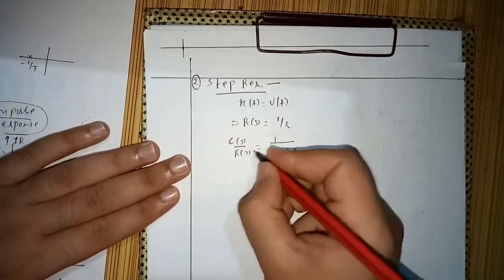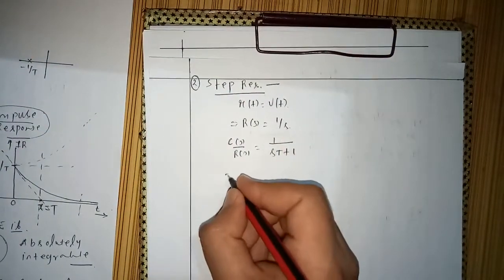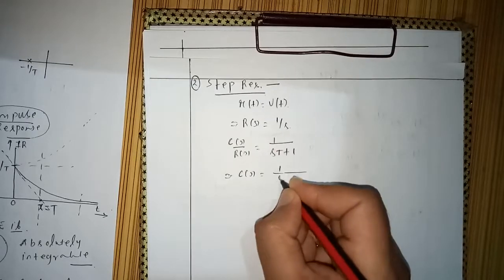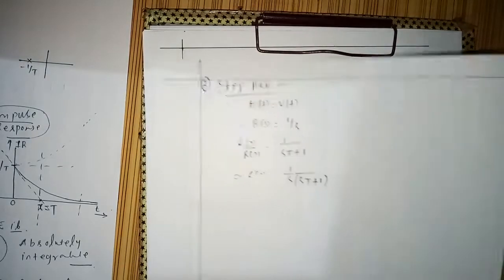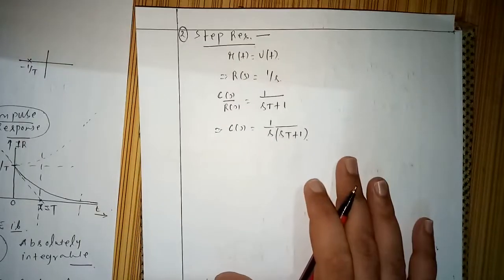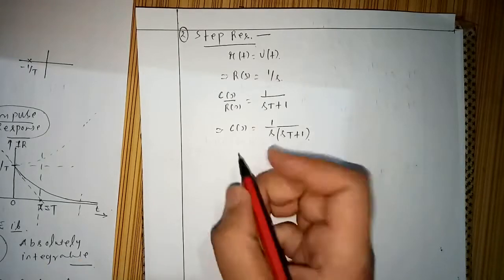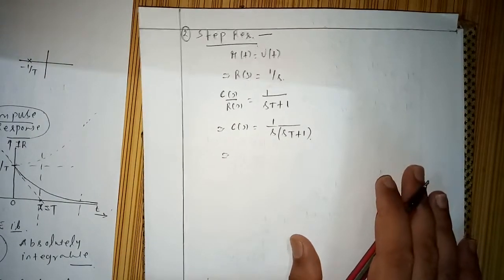So I take R(s) because we want system response only. So C(s) can be written as 1 by s upon sT plus 1, right? I will separate these using partial fraction method, or whatever method you might have studied in your mathematics course.